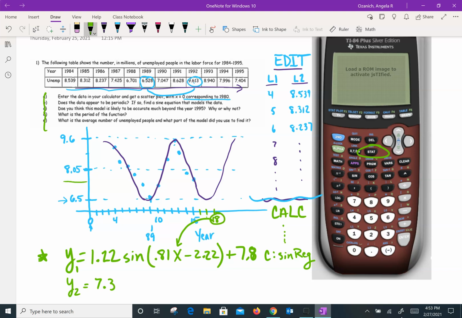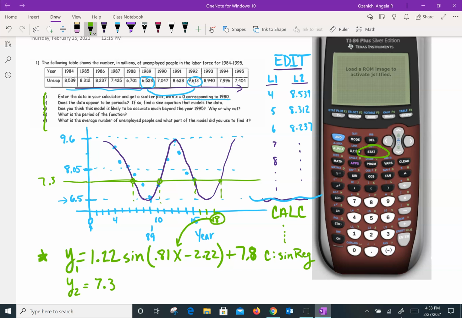When is it actually below this 7.3? Your graphing calculator will do this for you, and you can look for those points of intersection, for what years that unemployment rate was a little bit lower. And then of course it happens again over here according to our model, and you can go from there.